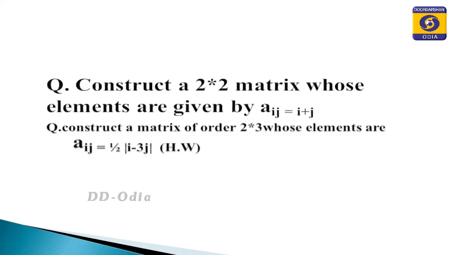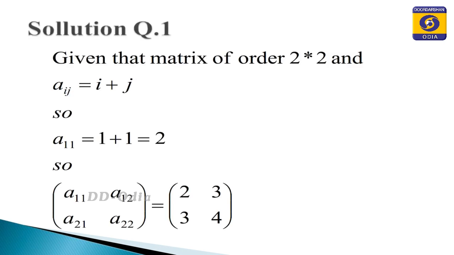Next, construct another question: construct a 2 cross 2 matrix whose elements are given by aij equal to i plus j. Construct a matrix of order 2 cross 3 whose elements are aij equal to half times the modulus of i minus 3j. Solution of question 1: given a matrix of order 2 cross 2, the elements are aij equal to i plus j.